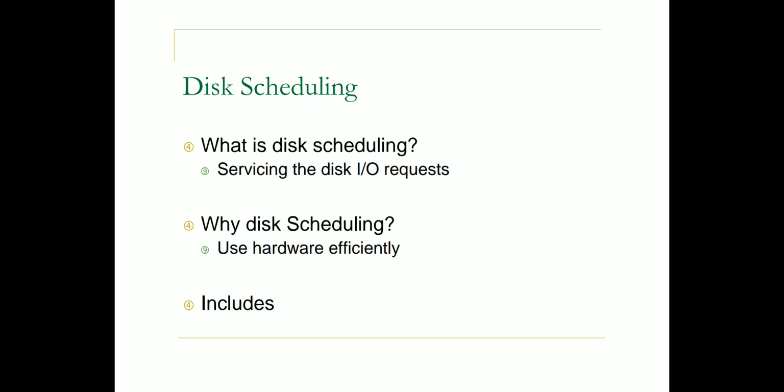Now, what is disk scheduling? As we know, for any user to use any resources of a system, it requests some operation to be performed by applying input, and the system provides output.